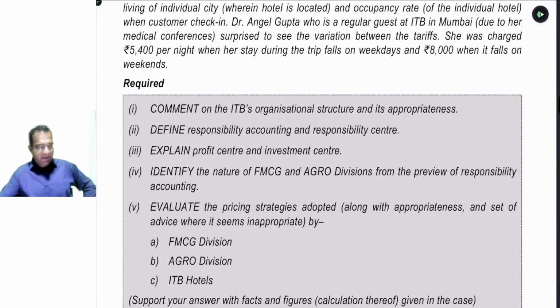I am giving you the hint. In FMCG department, there are 2 paras. The second para will provide you the answer. No, beta, Seema Suresh, we are not supposed to answer whether it's a profit center, revenue center, or any other center. We are supposed to answer from the preview of responsibility accounting.